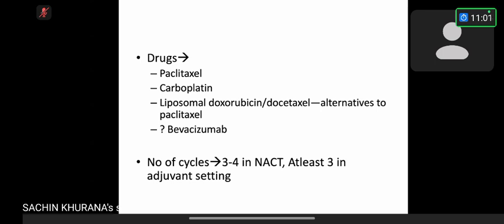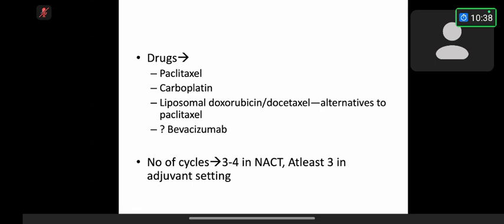Next is what is the optimal number of cycles. Both these trials, Vergote and CHORUS, the landmark trials which established that NACT is not inferior to primary surgery, used 3 cycles in NACT and 3 in adjuvant. But what is widely accepted is that 3 to 4 can be used in NACT and at least 3 should be given in the adjuvant setting.